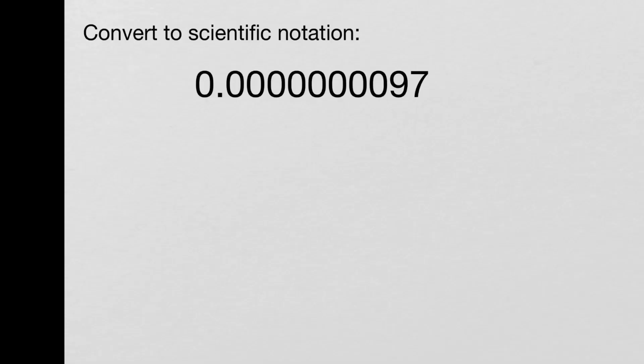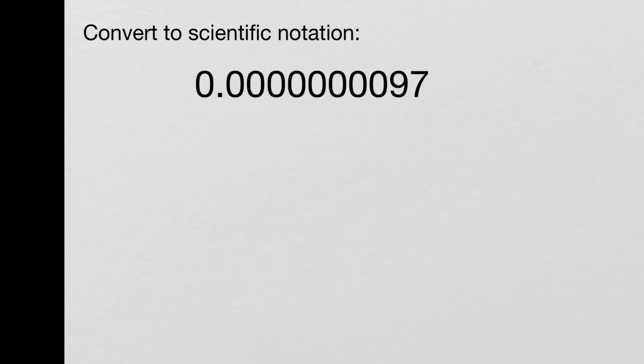This example is asking us to take this very, very small number and convert it into scientific notation. So something times 10 to the something. So the way we do this is first we find our decimal place, and then we look for where the first non-zero digit is. In other words, the first digit that is not a zero.